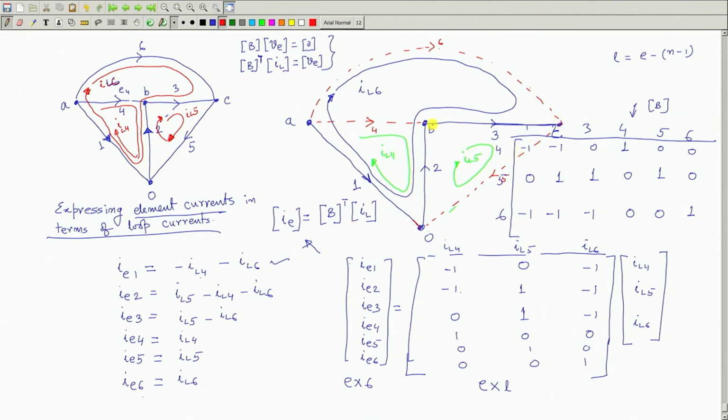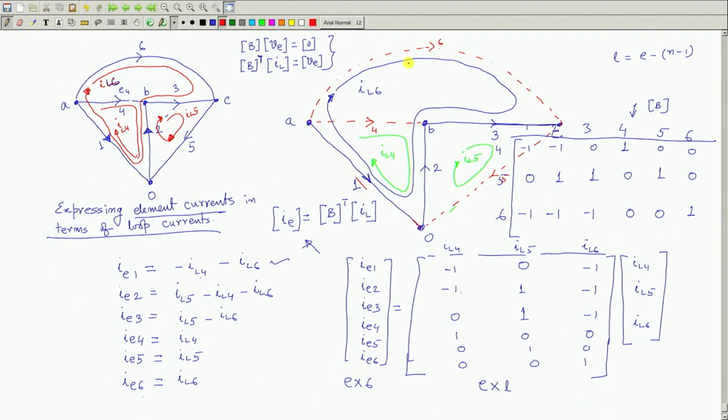So this one is a fundamental loop. Similarly, this is also a fundamental loop, and this one going like this is also a fundamental loop. Why? Because there is only one link 6 present.